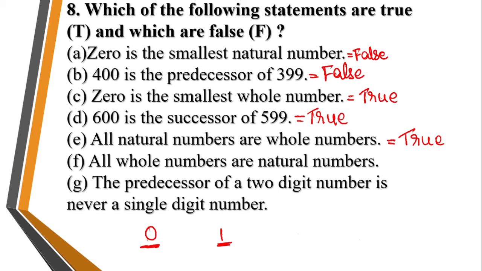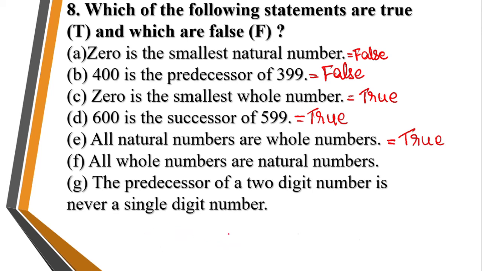But 0 is only a whole number because the predecessor of 1 is 0. So 0 comes before 1, right? So the natural numbers start from 1. So 0 is only a whole number. It's not a natural number, only a whole number, right?